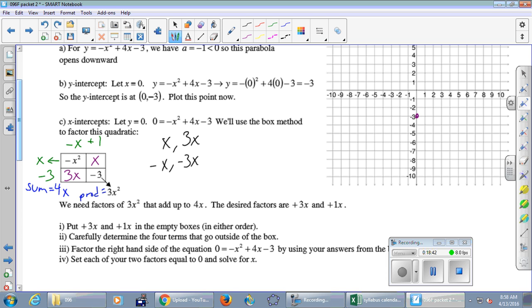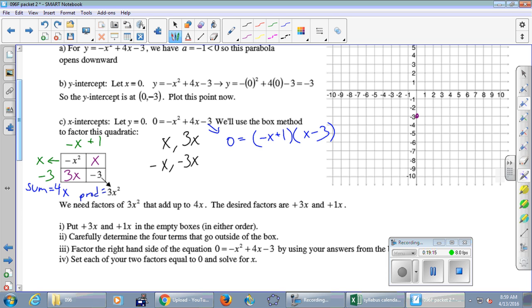So that means that our equation here becomes 0 equals two things in parentheses. So negative x plus 1 and x minus 3. You could swap the order there, that's fine. Okay, and so we want our two answers, our two values of x.